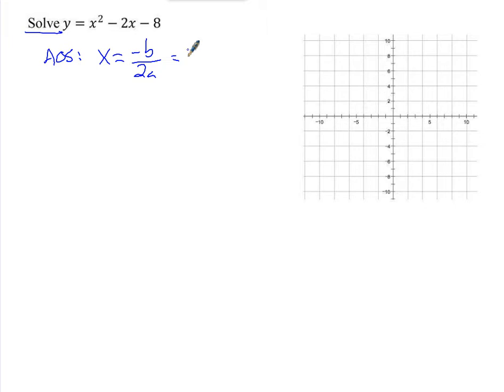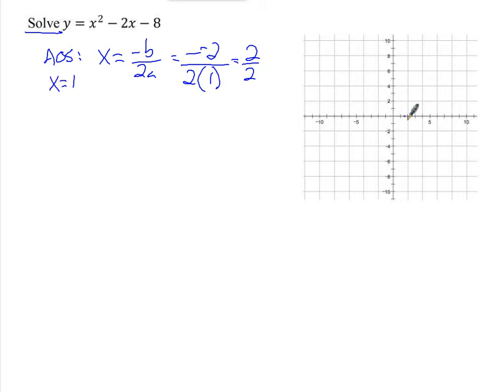Good. Negative, and then b is negative 2, divided by 2 times 1. All right, so we have, what's the top? Positive 2. And what's the bottom? Positive 2. So that reduces probably to 1. So the axis of symmetry is x equals 1.